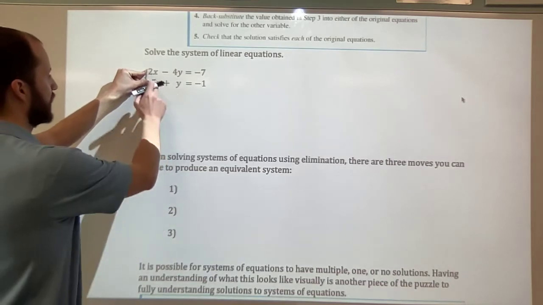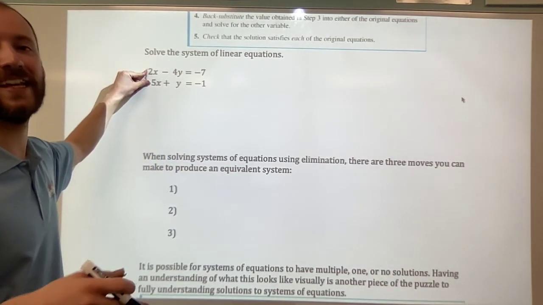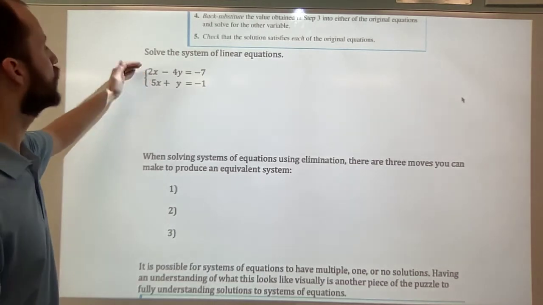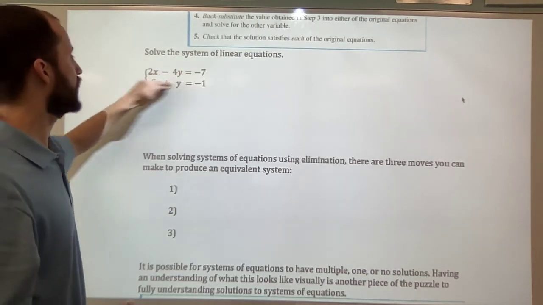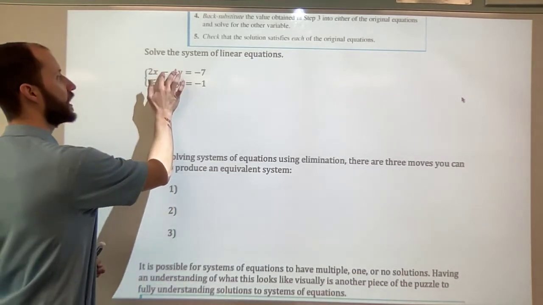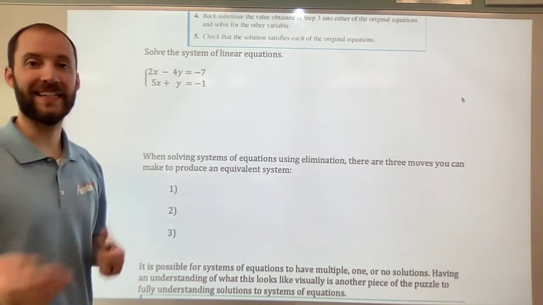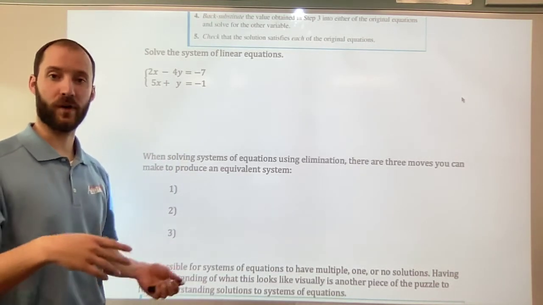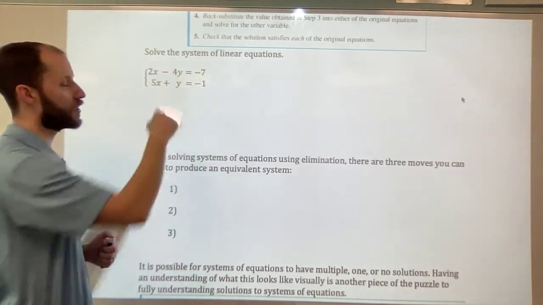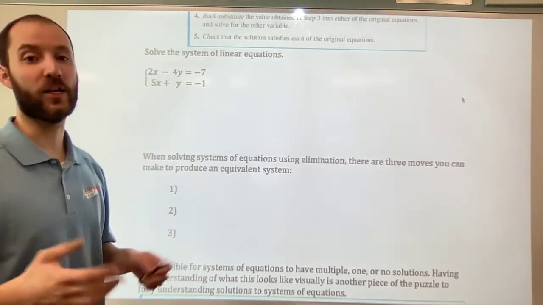Then you'd have to multiply the second equation by negative 2 to make this negative 10. So you'd have to multiply both equations by different numbers. Negative 4 and positive 1, you'd only have to multiply the second equation by 4. The first equation you could leave alone, and you wouldn't have to scale it at all.